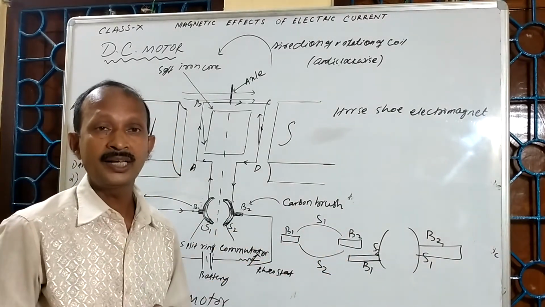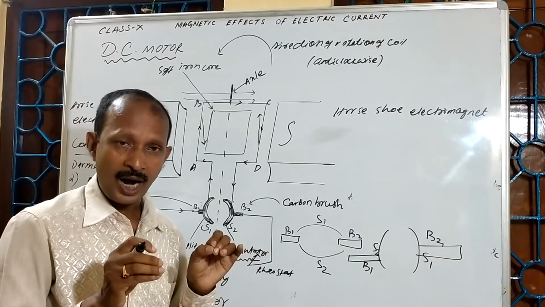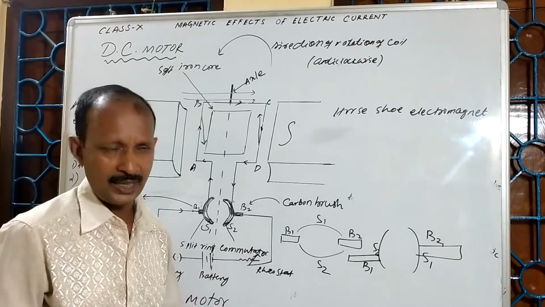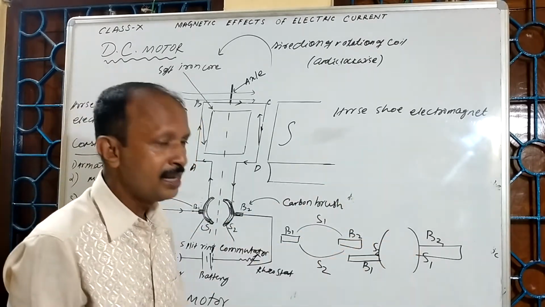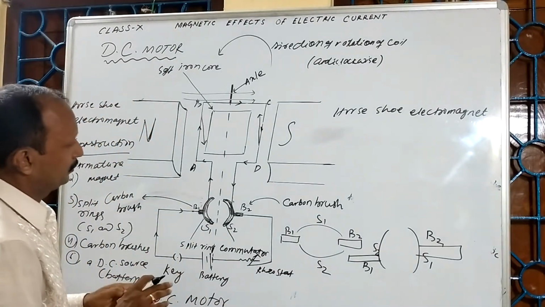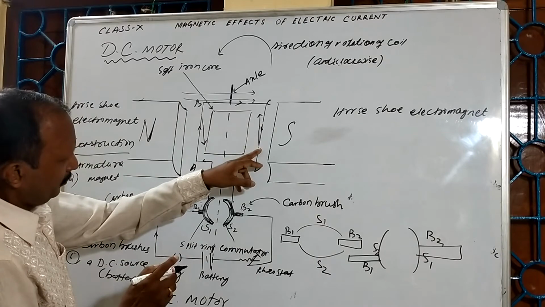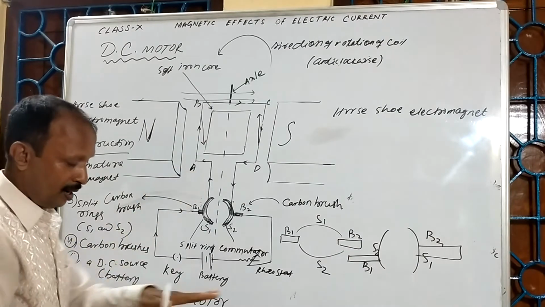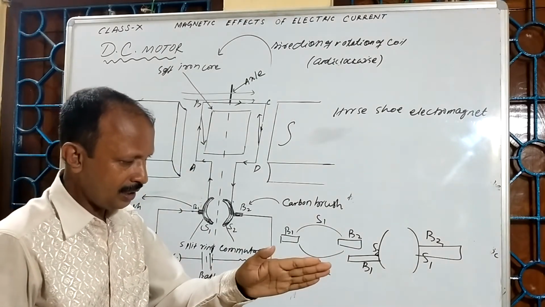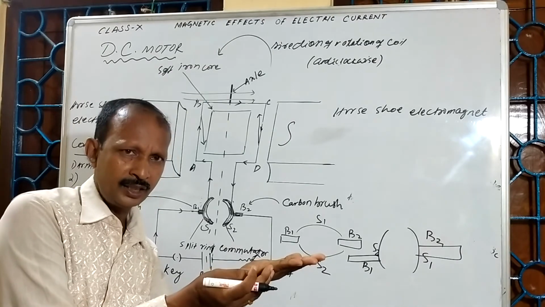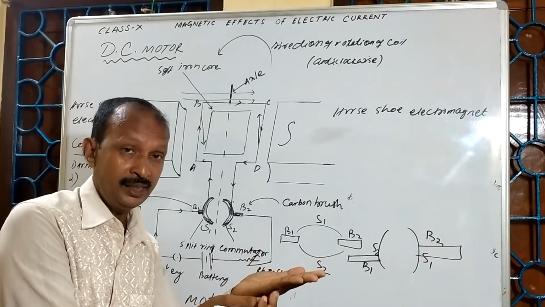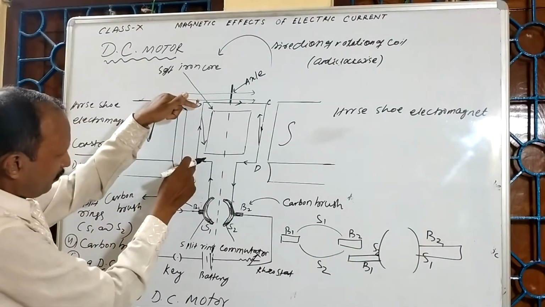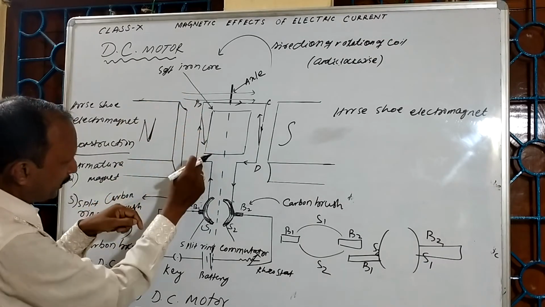That means the direction of the current started changing when it reached 180 degree rotation. After half cycle, the direction of the current changed. But on this side AB, force is acting downwards. Now it is downwards, vertically. Again it came to this side. That means now force started acting upwards. At present AB, force is acting downwards.